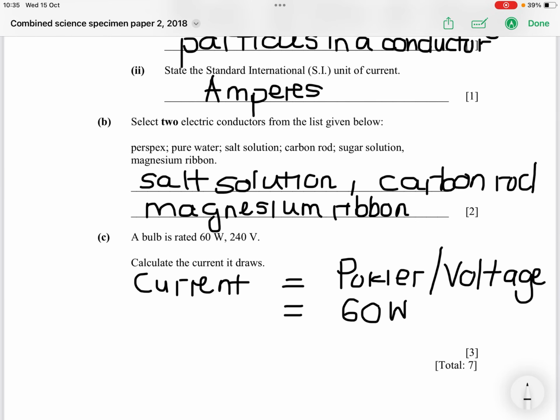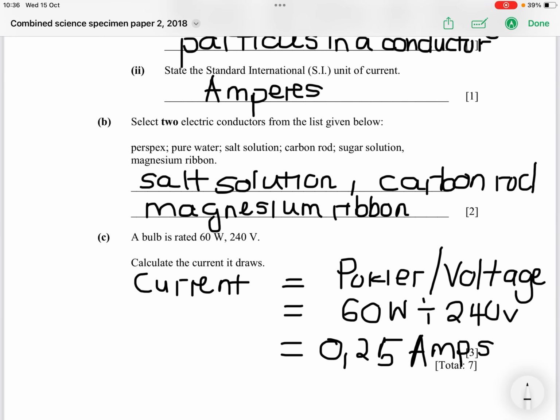Our power is 60 watts, and we are dividing by 240 volts. And then we say 60 divided by 240, we get 0.25. And you need to know that the current is measured in amperes. So you write 0.25 amperes for you to get all the 3 marks.